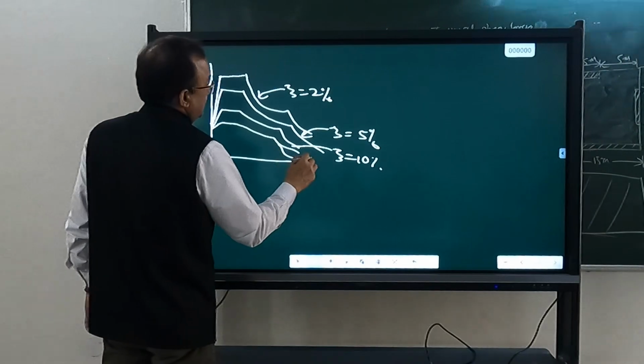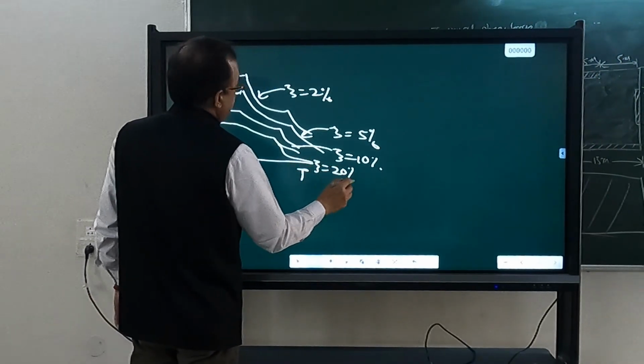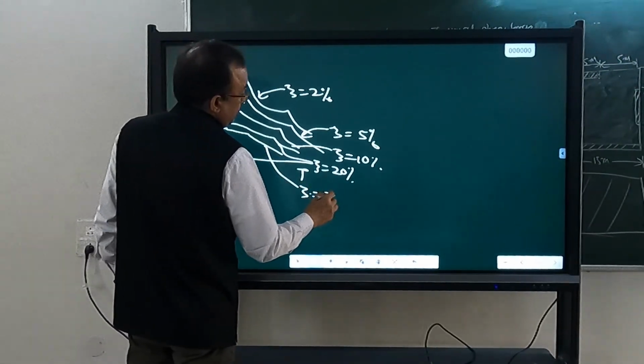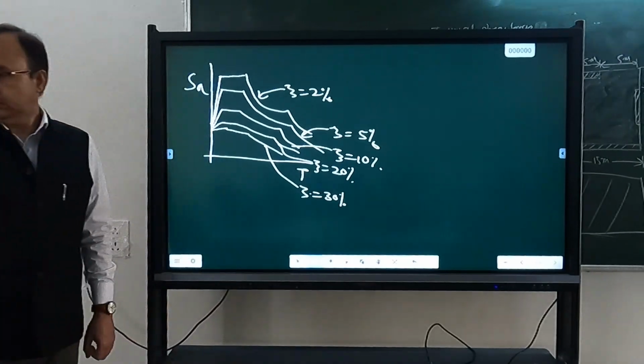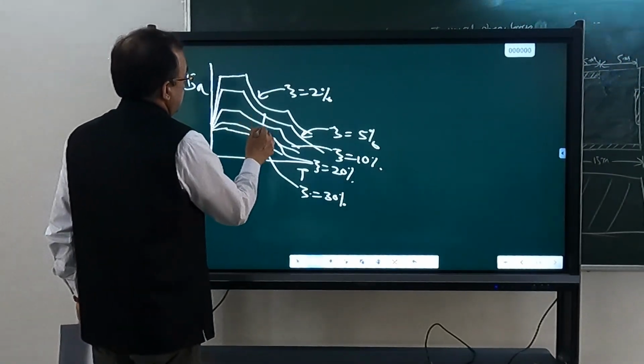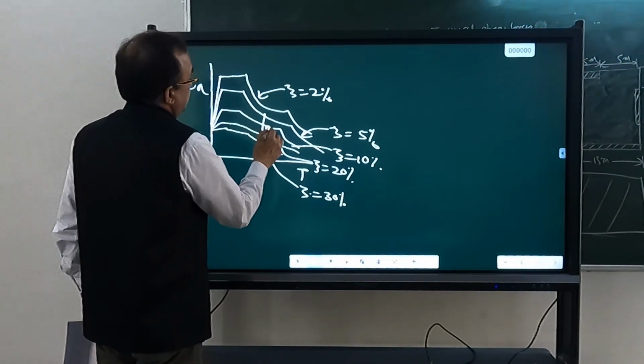At 20% damping, it reduces further. At 30% damping, it reduces further. How to get these reduced response spectra? Any method you know? This reduction is equal to R.